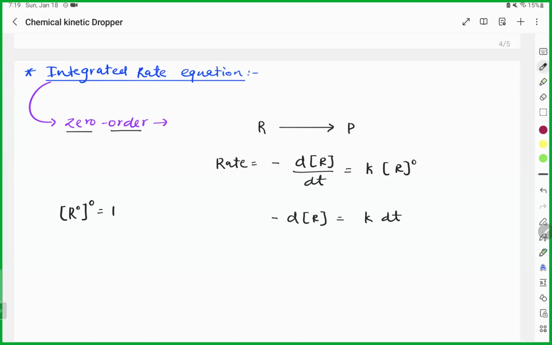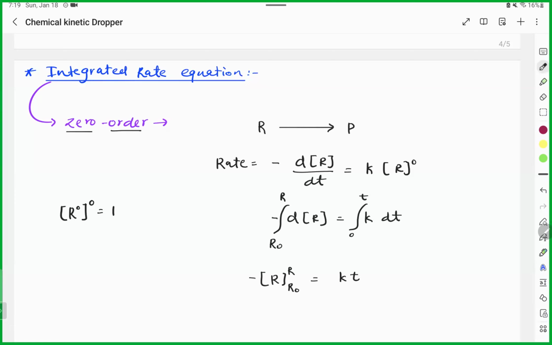Correct. Any doubt? So if you integrate both sides, from the initial condition R naught to the final condition R, what will happen? The integration of dR will be R, from the initial to the final value, and it will be kt, the total time, because here you integrate t from 0 to t.